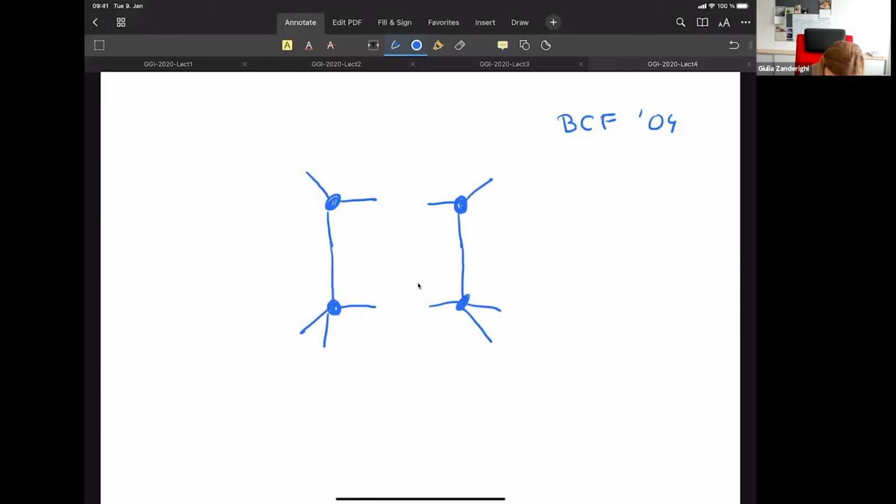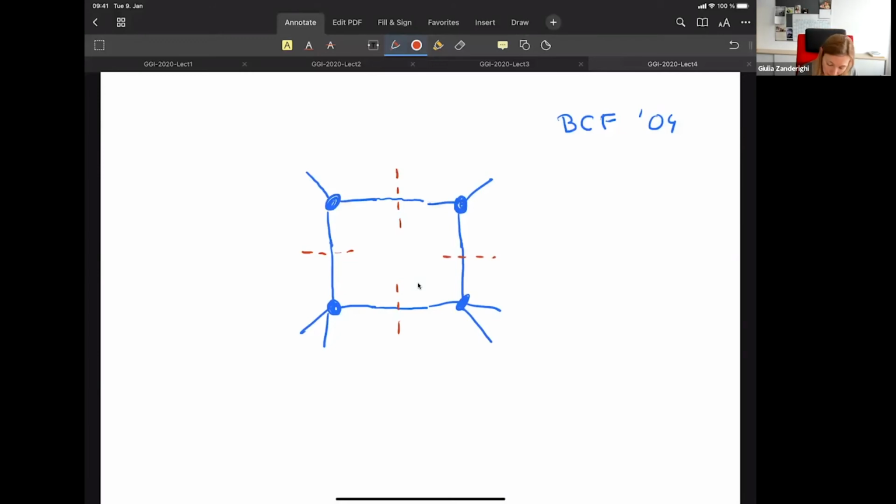What they suggested is that you can compute at least parts of it by imposing quadruple cuts, generalized unitarity.